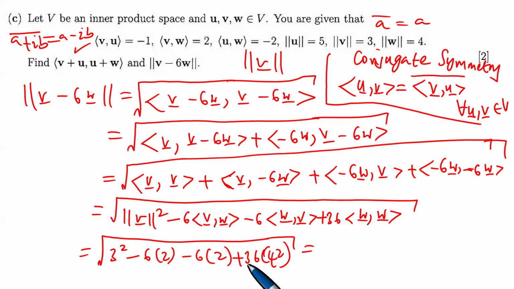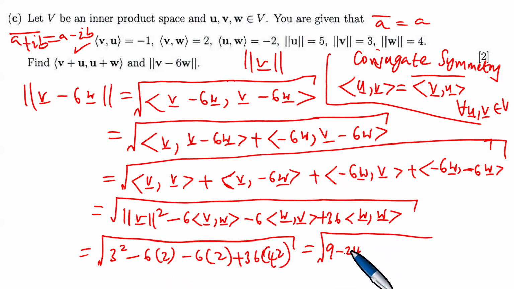Okay, now let us look at exactly what this means. So we just need to simplify these things. If you look at this very carefully, the 3 squared is a 9. Then you have these two terms here, minus 12 minus 12, which is minus 24.